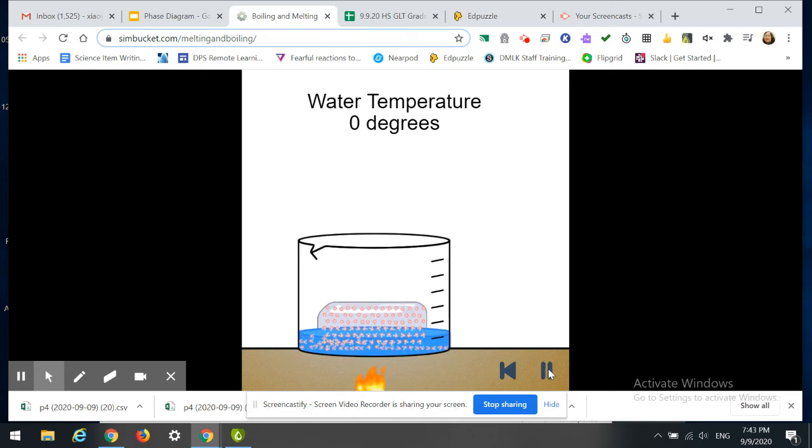And then we keep on adding more heat, and eventually all the ice is gone, and all the ice has melted to liquid water. You can see the temperature is still 0 degrees. If we add more heat, the water molecules are going to move faster and faster because they absorb heat, and then the temperature would change.